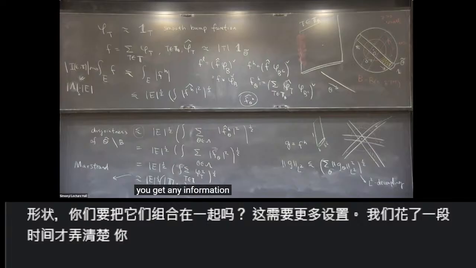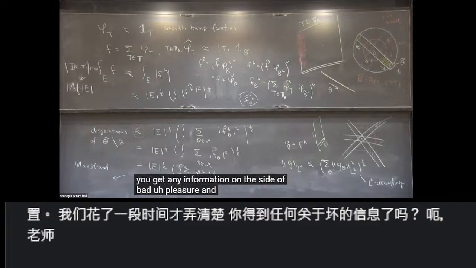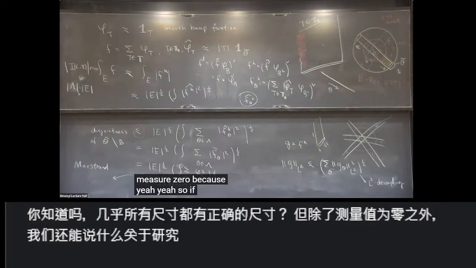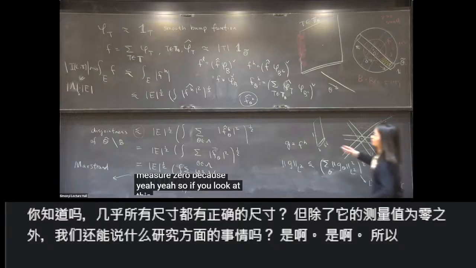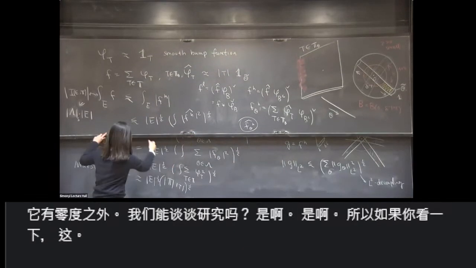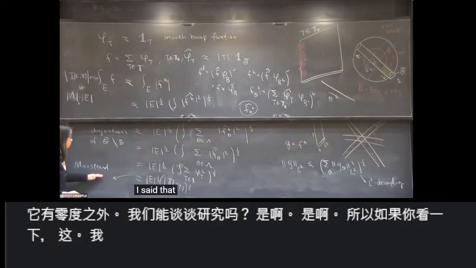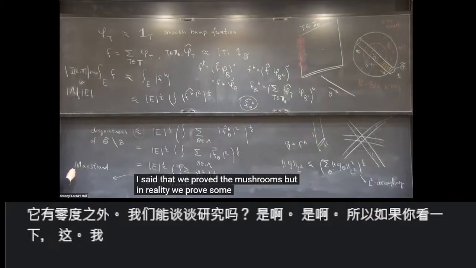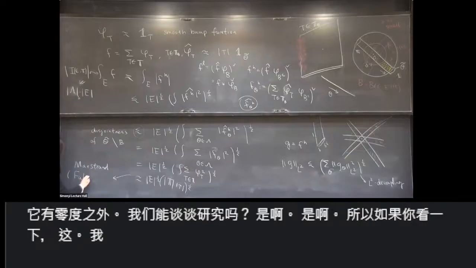Do you get any information on the set of bad theta? You have the correct Hausdorff dimension for almost all, but apart from the fact that it has measure 0, can you say anything about the exceptional set? Here I said that we proved the Marstrand inequality, but in reality we proved some kind of exceptional set estimate, like Orponen's exceptional set estimate.